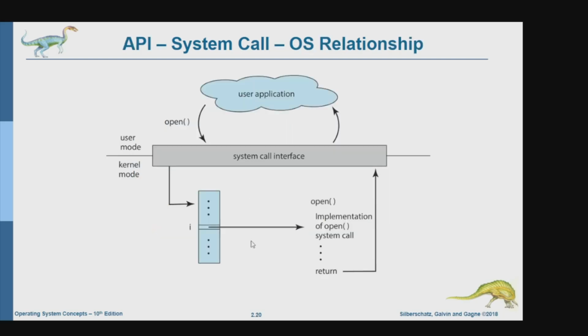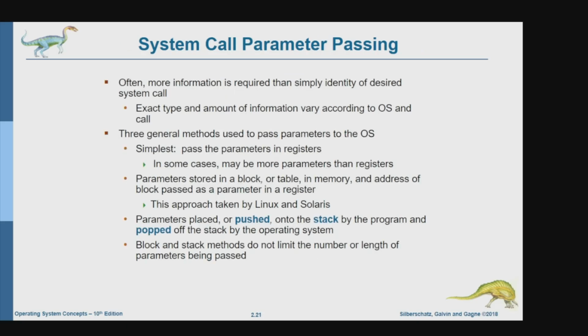And then the next part is about parameter passing. More information is required than simply the identity of the desired system call. The exact type and amount of information vary according to the OS and the system call. There are three general methods used to pass the parameters to the OS.